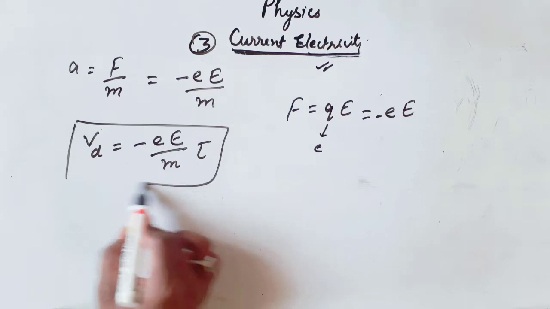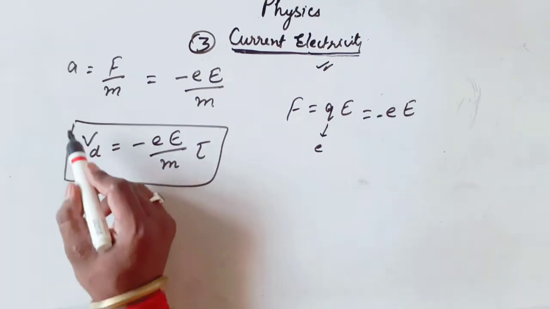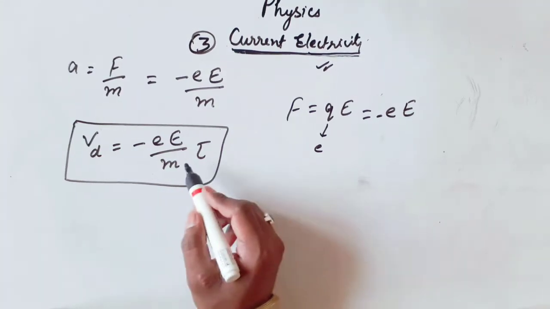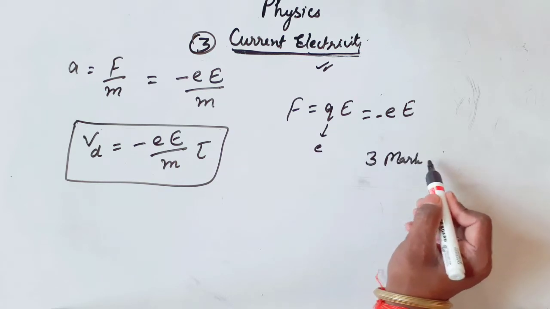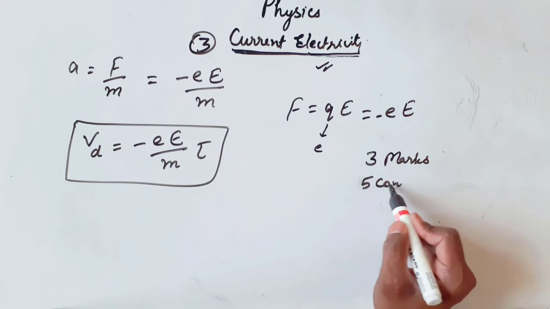This will be the value of drift velocity, which is a very important topic for our board examination. The weightage of this topic is 3 marks, and if one numerical comes on this topic, it carries 5 marks.